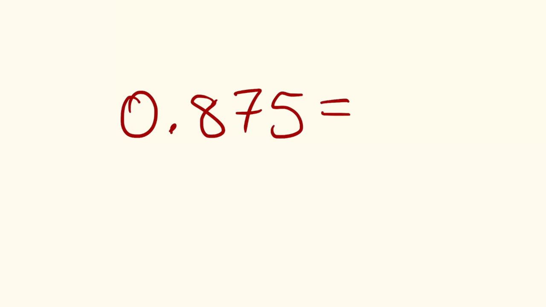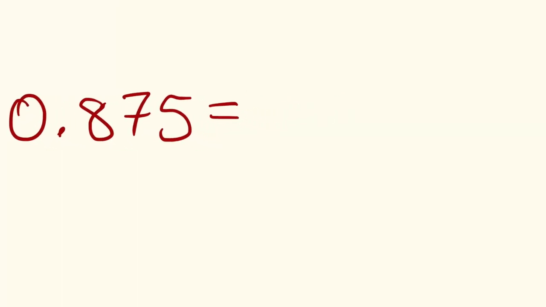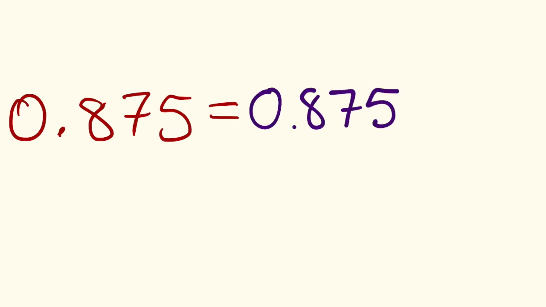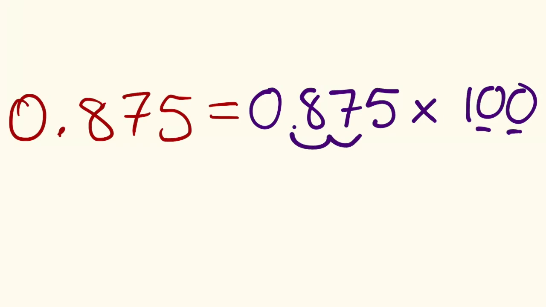The other decimal that we got was 0.875. So once again, we're supposed to take this decimal and multiply it by 100. That's how you convert it to percent. Yes, you can take a calculator, but what I would like to show you is that, again, 2 zeros means that you're going to move this over 2 times.